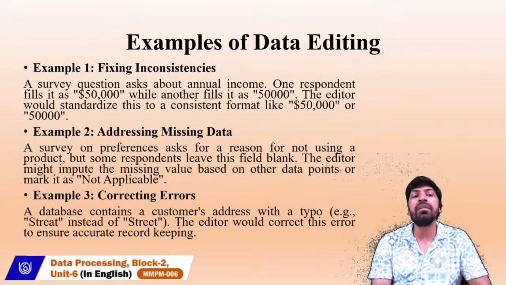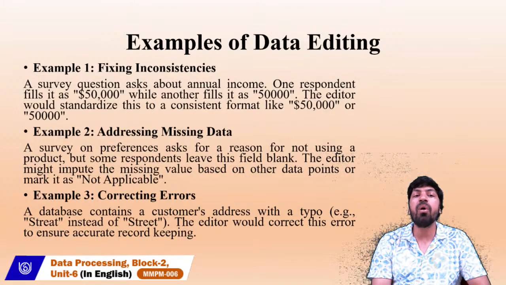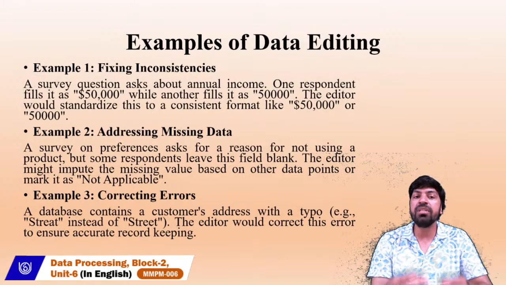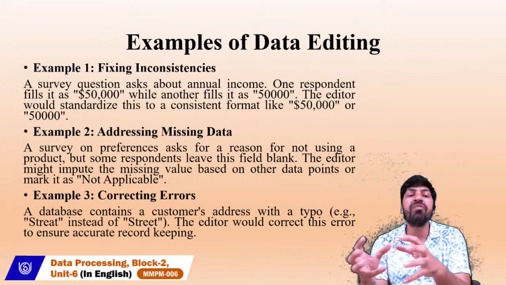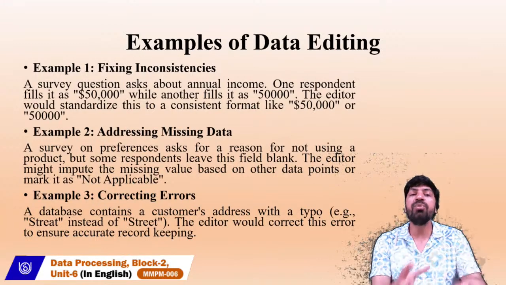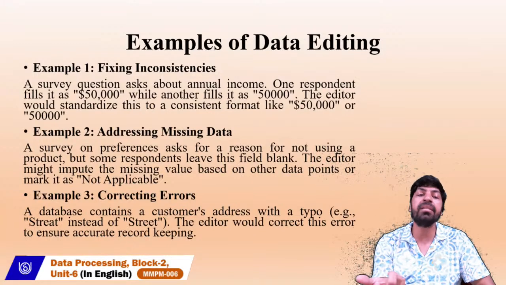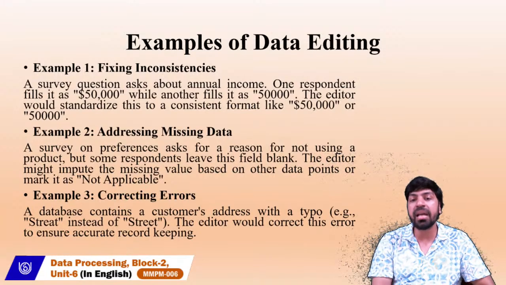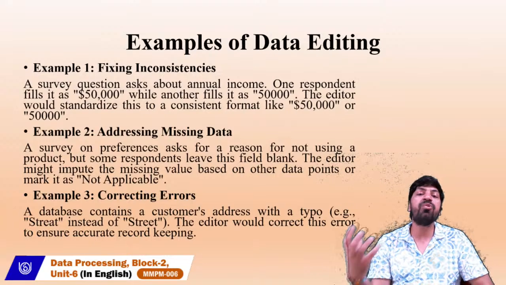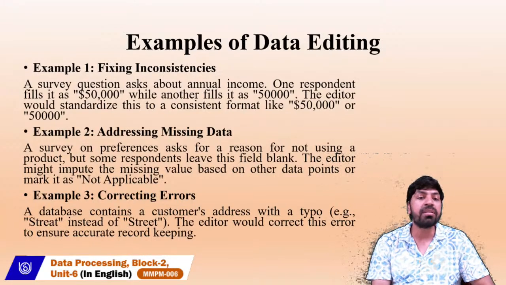So the editor or the researcher would standardize this in a consistent format like $50,000 or 50,000. This is how the researcher can fix the inconsistency according to the responses of the respondents, so that whatever inconsistencies happen in the data can easily be rectified and modified in its data process.